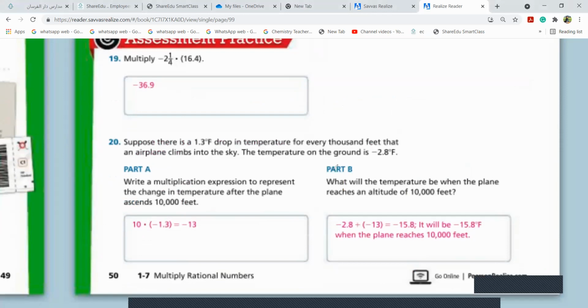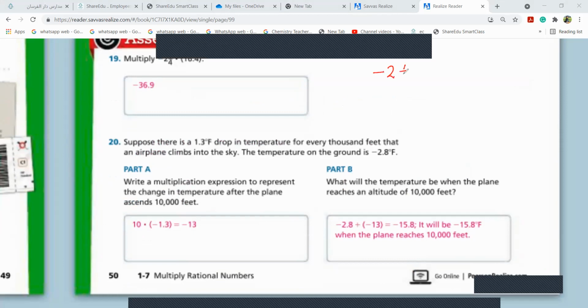You have your assessment practice. I told you, even in your quiz, if you get such a question, you need to open this. I told you in the beginning that 1/4 means 0.25.